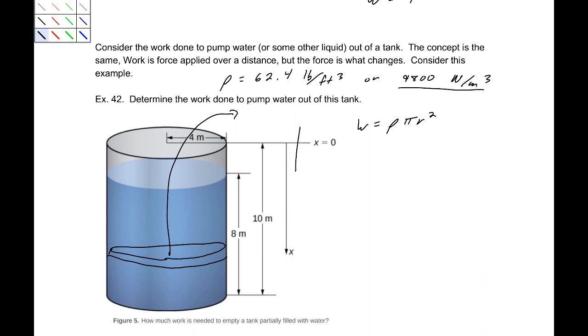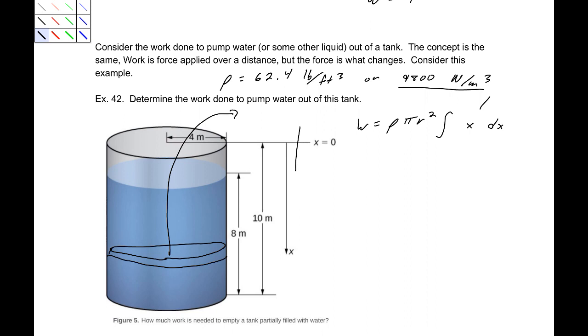So rho pi r squared, density times the volume of that disk, and then that's the integral of x dx. That is going to be our distance, because this is actually the height, and the height of the water is what is changing.